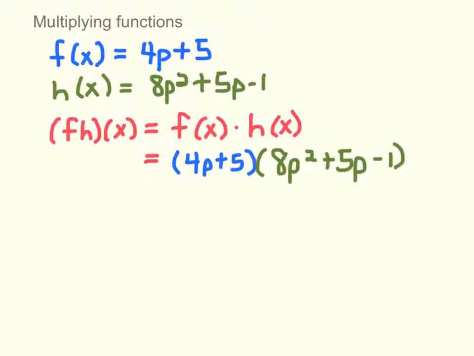Using the distributive property means I'm going to multiply the 4p times 8p squared, then times 5p, and then times negative 1. 4p times 8p squared is 32p cubed. 4p times 5p is 20p squared. 4p times negative 1 is negative 4p.